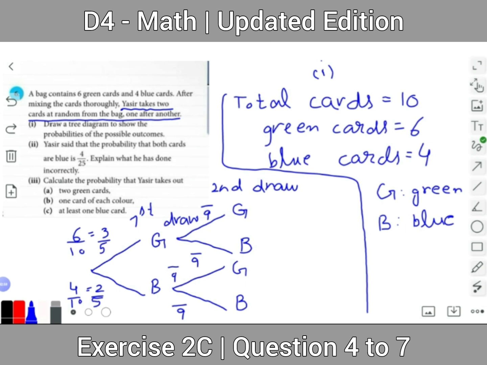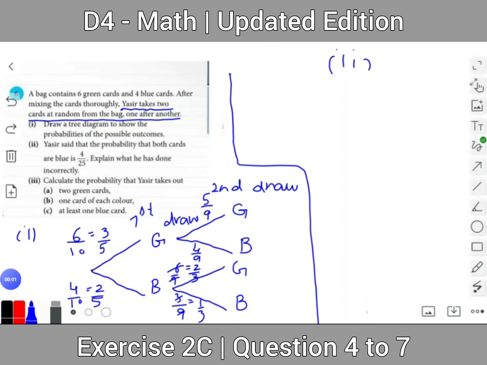So in the case of green it will become 5 over 9, and in the case of blue it will become 3 over 9, and that is equal to 1 over 3. Now for blue, it will be 6 over 9, and for green it will be 4 over 9. After simplification, it will be equal to 2 over 3.